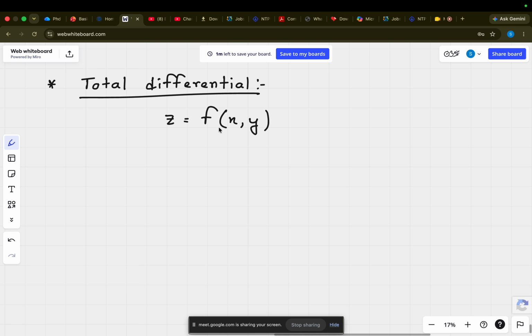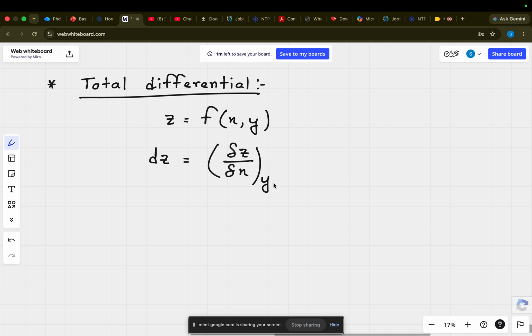Now what can I write down? dz is equal to del z by del x, so that means we are differentiating z with respect to x, and when we are differentiating with respect to x, that time the other variable will be constant.